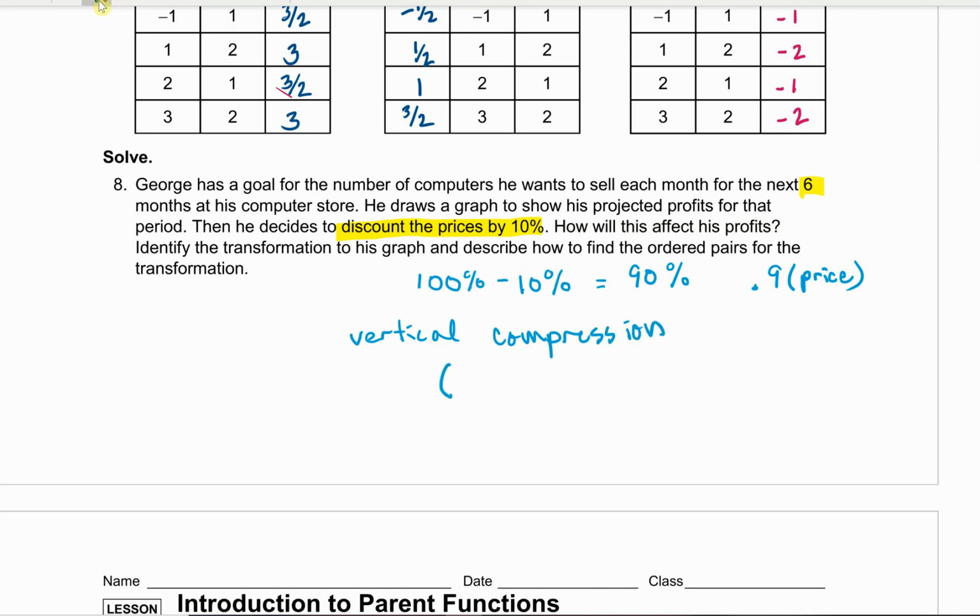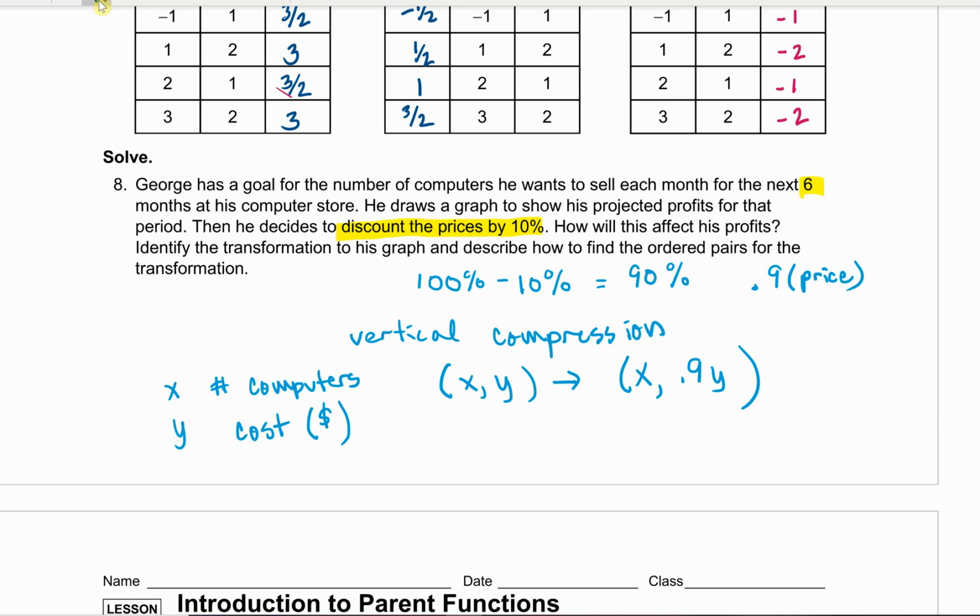So basically what's going to happen here is, instead of xy, it's going to be x and 0.9 y. Because x is the number of computers, y would be the cost. Because that's where his profits are, right? So money, money, money. So if he sells the same number of computers and they're all discounted 10%, he's only making 90% of what he would otherwise. So vertical change. Gotta think about it.